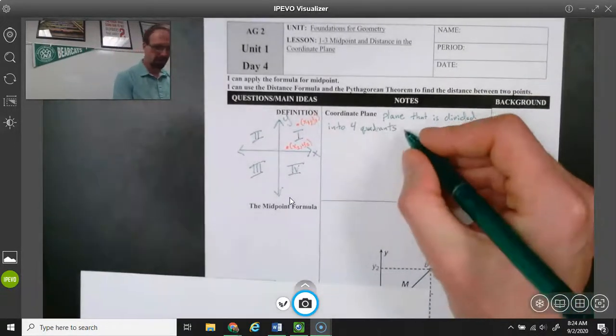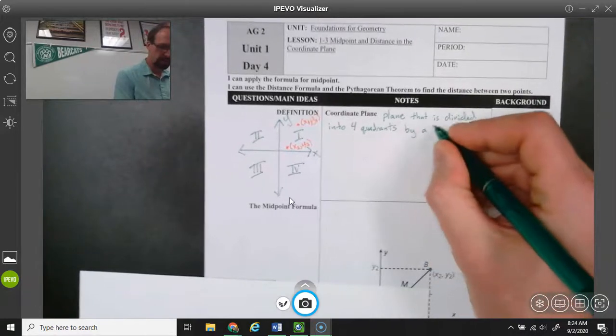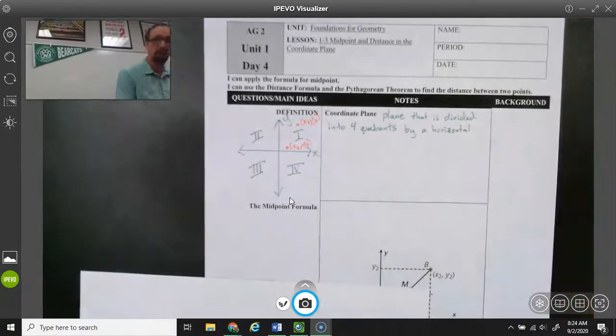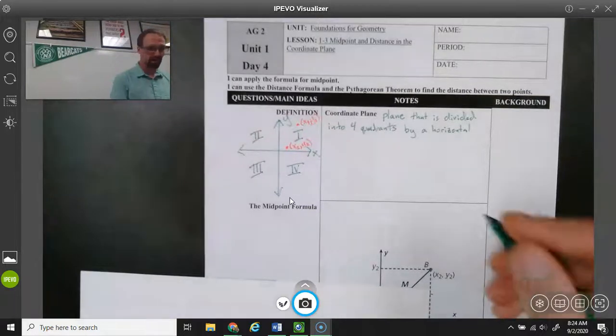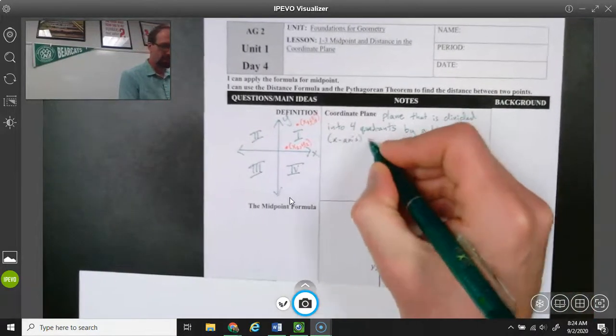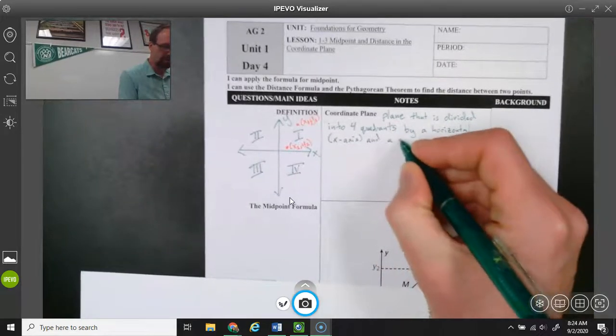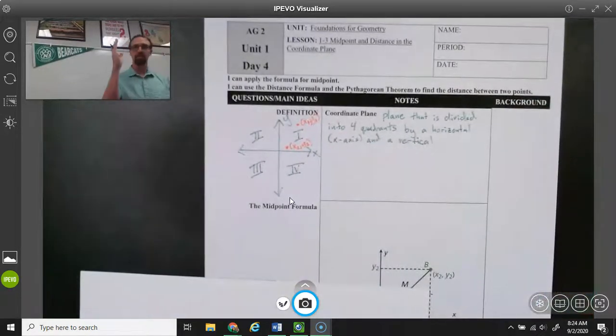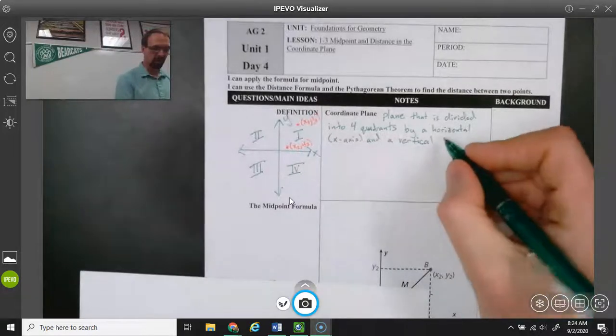Quadrants are formed by a horizontal line. Horizontal goes left and right, so we call that the x-axis. And a vertical line. Vertical goes up and down, and that's our y-axis.